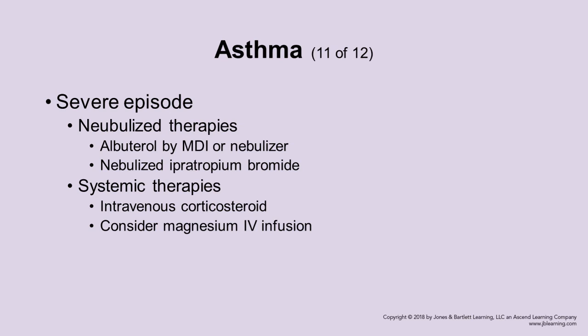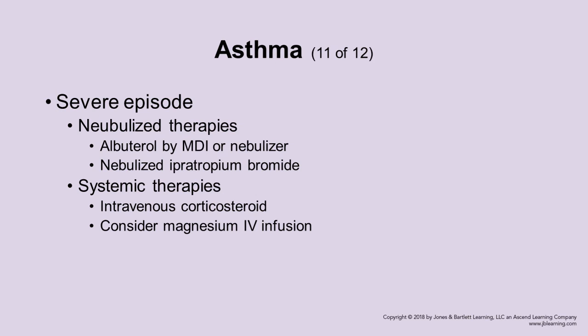Patients with asthma also respond to systemic therapies such as IV steroids, a step up from the oral steroids we talked about previously. And then there are other smooth muscle relaxing agents such as magnesium IV, which essentially just relaxes all smooth muscle in the body and is sometimes used as a second or third line agent in these patients.